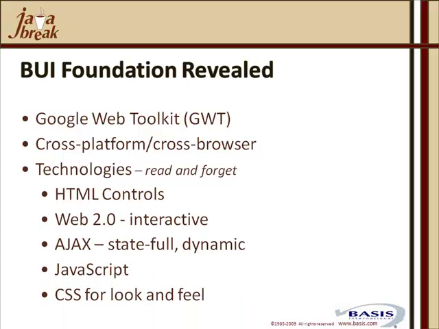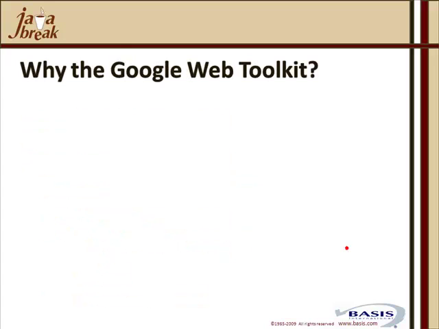But suffice to say that we cover the components of the HTML controls, Web 2.0, the interactive nature of delivering applications across the web, AJAX, the concept of having a stateful application and having dynamic interaction with the application over the browser, utilizing JavaScript, the object-oriented scripting language, and using cascading style sheets for the look and feel of the application. So all those technologies make up the components that are embedded within the Google Web Toolkit.